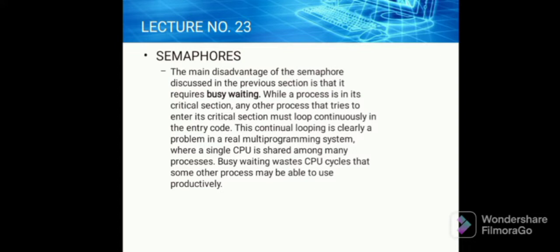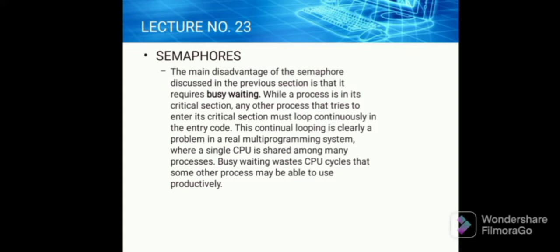The main disadvantage of the semaphore discussed in the previous section is that it requires busy waiting. While a process is in its critical section, any other process that tries to enter its critical section must loop continuously in the entry code.